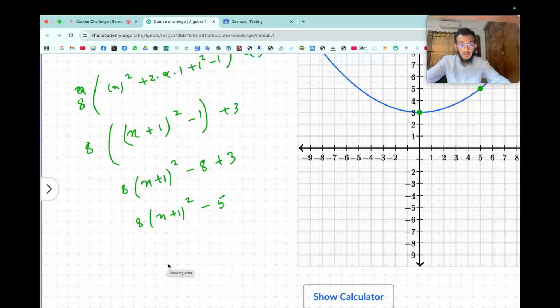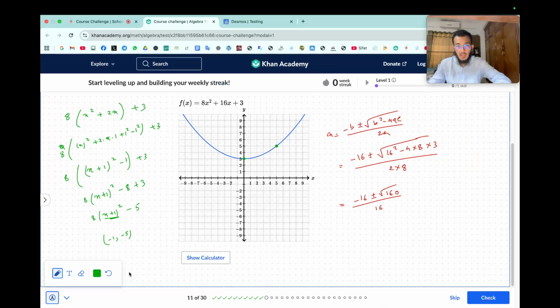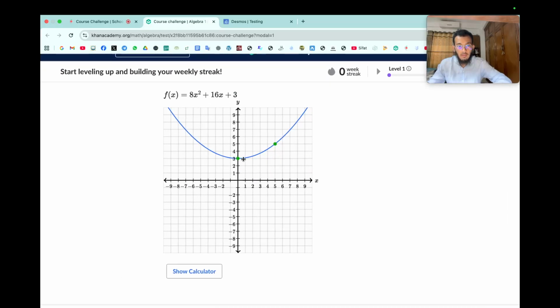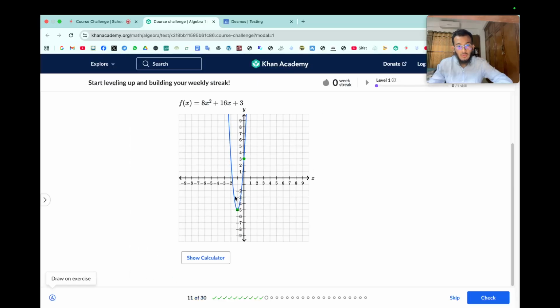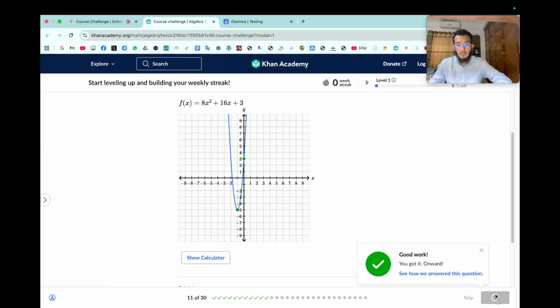So the vertex is negative 1, because we put this bracket equal to 0, and negative 5. So these 2 points should allow us to graph this function correctly. There we go.